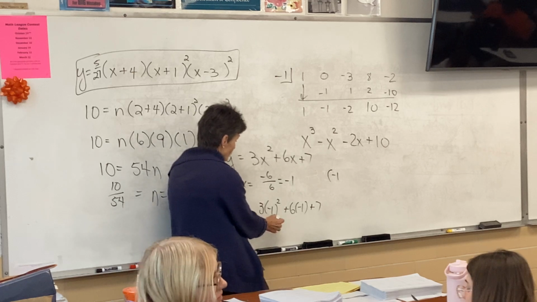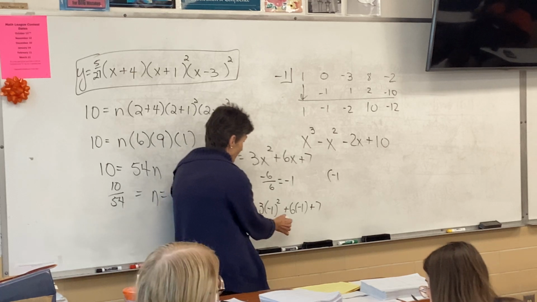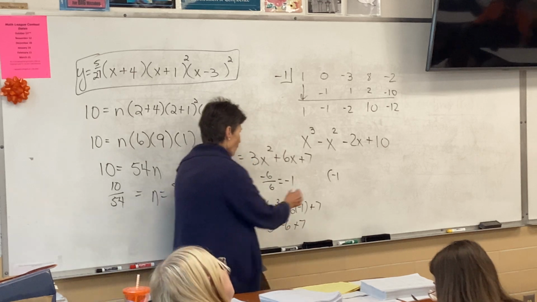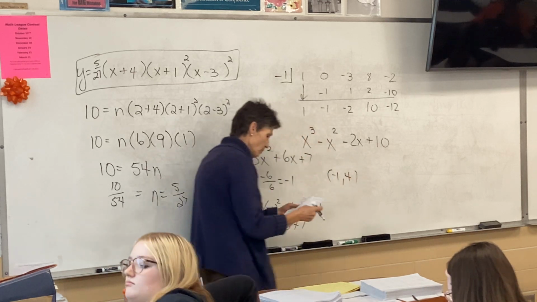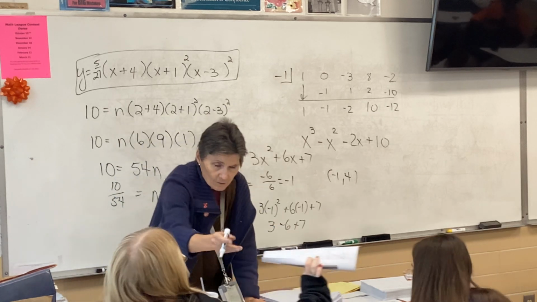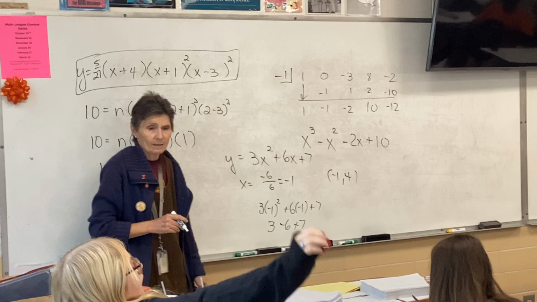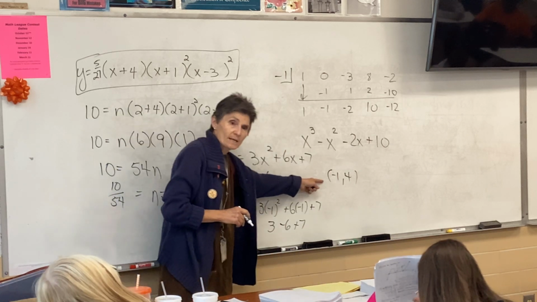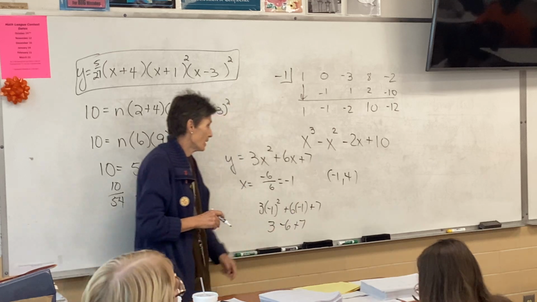So that is 3 minus 6 plus 7. That is 4. I will see if you can figure out what you did wrong there. Is that okay?